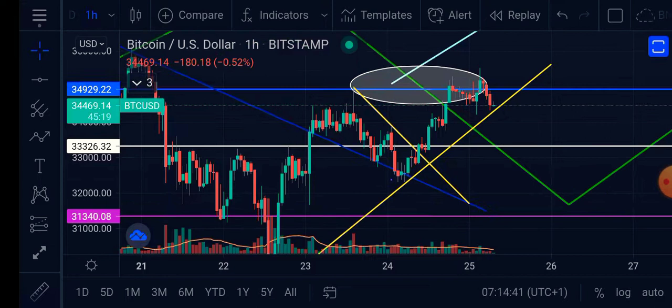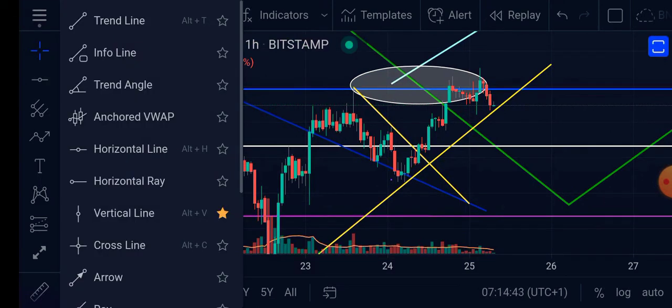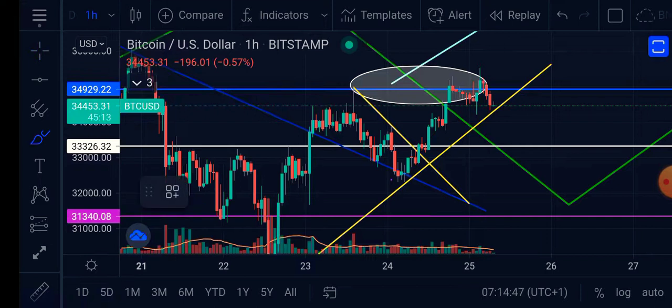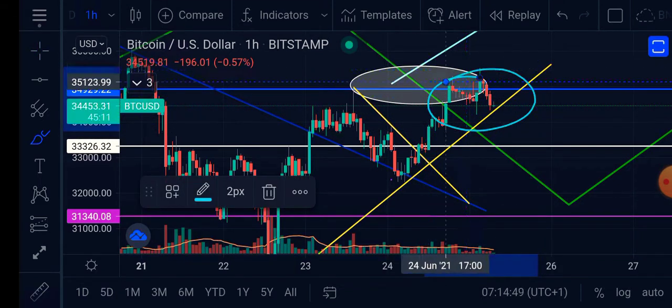The important information here is that we are testing this resistance, around that 35k. If we can successfully break above it, then we'll see higher prices.